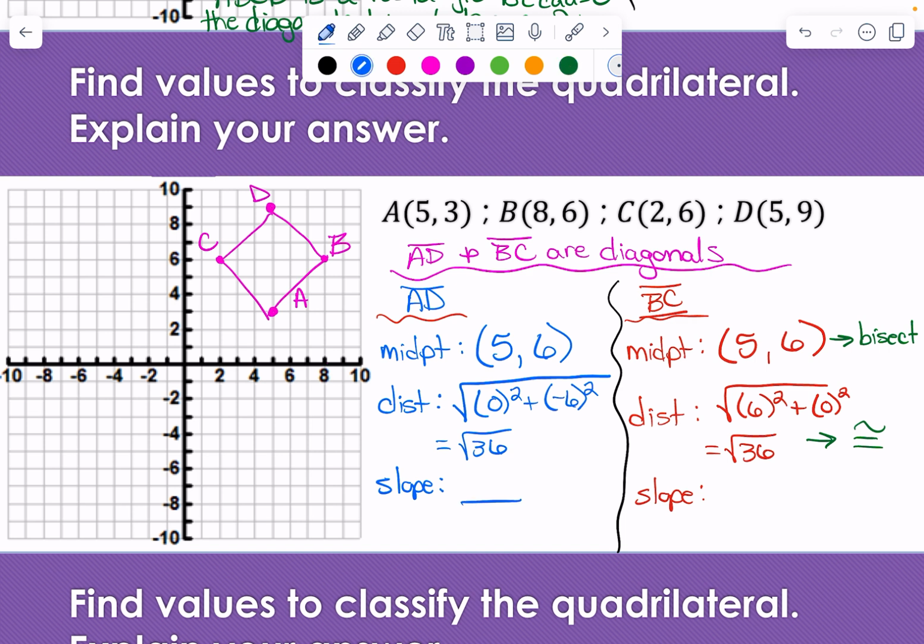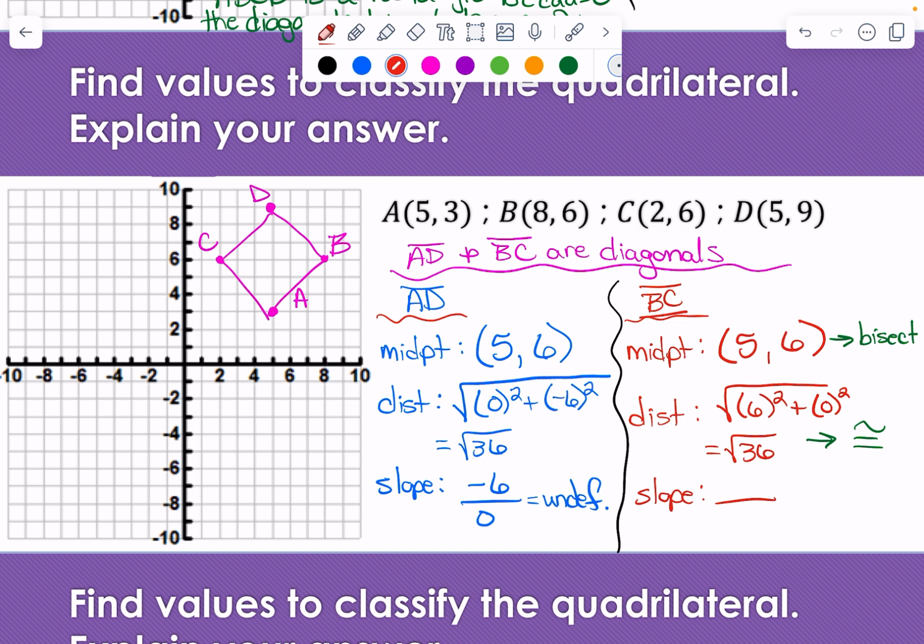Now we're going to find the slope, so of AD. I'm going to go 3 minus 9 is -6. 5 minus 5 is 0, so that is an undefined slope. Over here on the other side, I'm going to go BC.